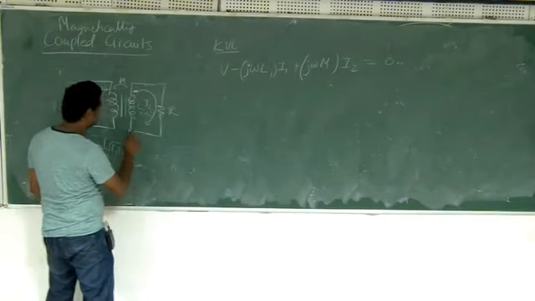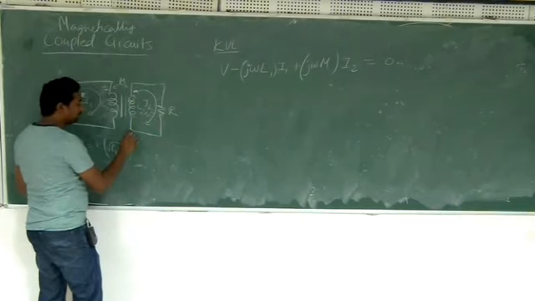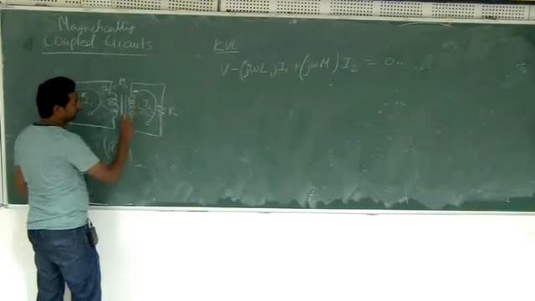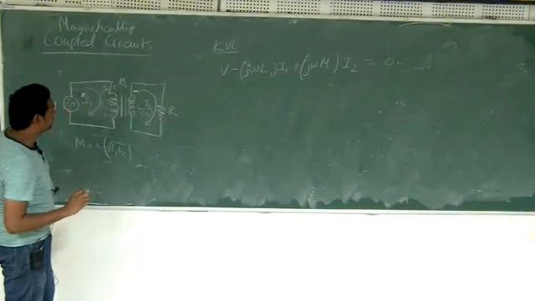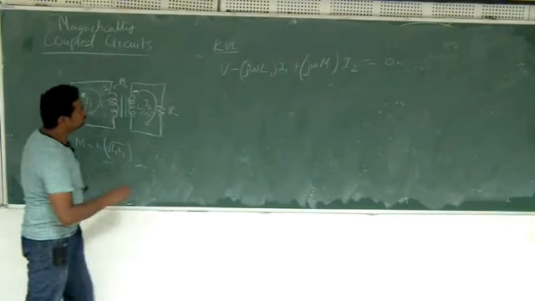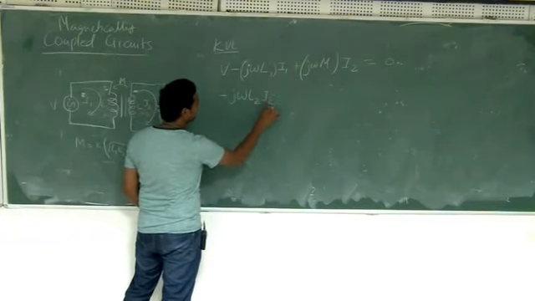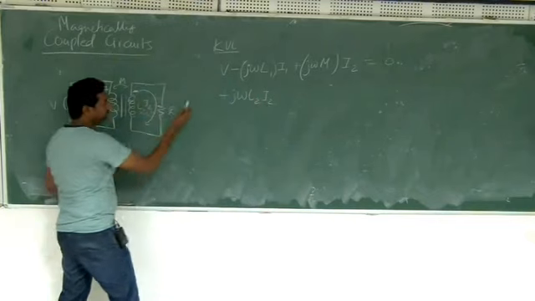Let's write the equation for the second loop. From here, if I start and go up, what will be the voltage drop? That will be minus j omega L2 I2. This is one term.